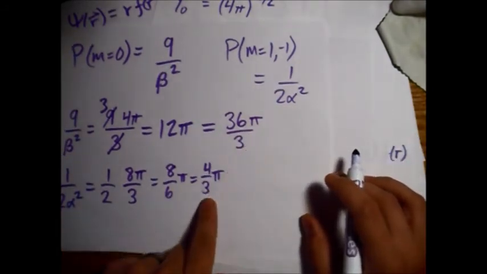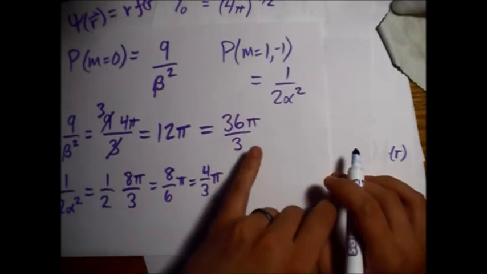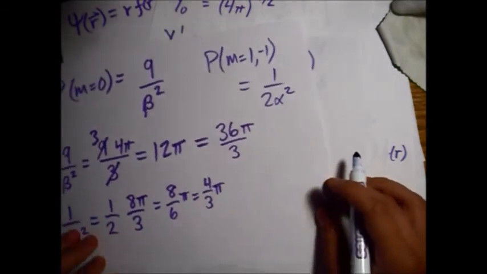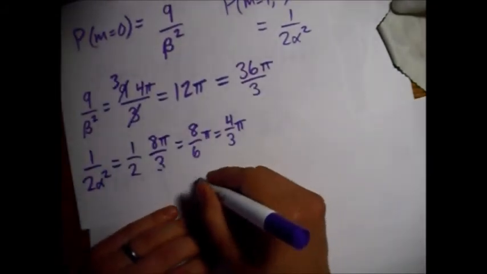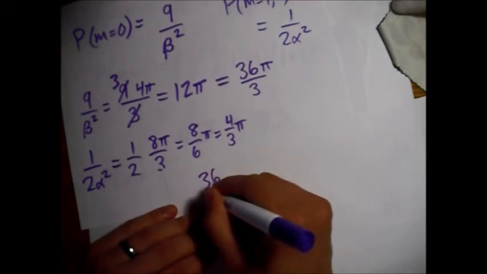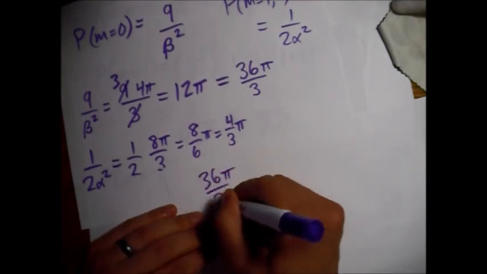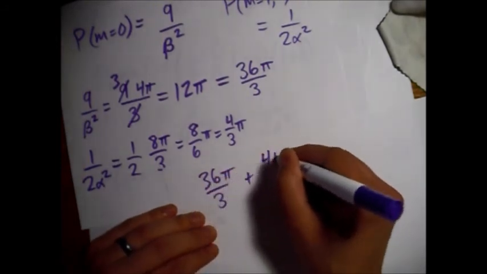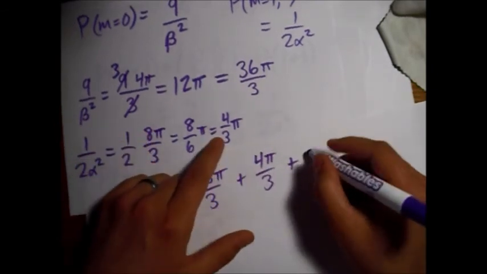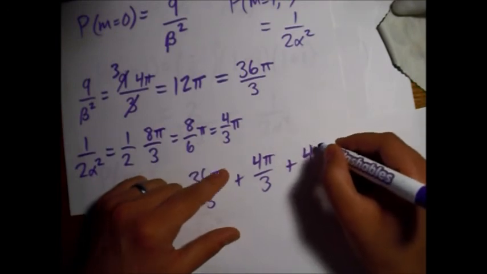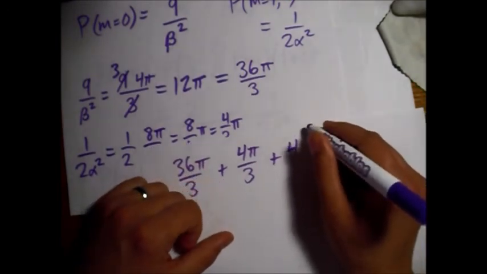And now they're all in terms of pi over 3. So, 36 pi over 3 plus 4 pi over 3 plus, remember there are two terms of this, one for m equals 1 and one for m equals minus 1.